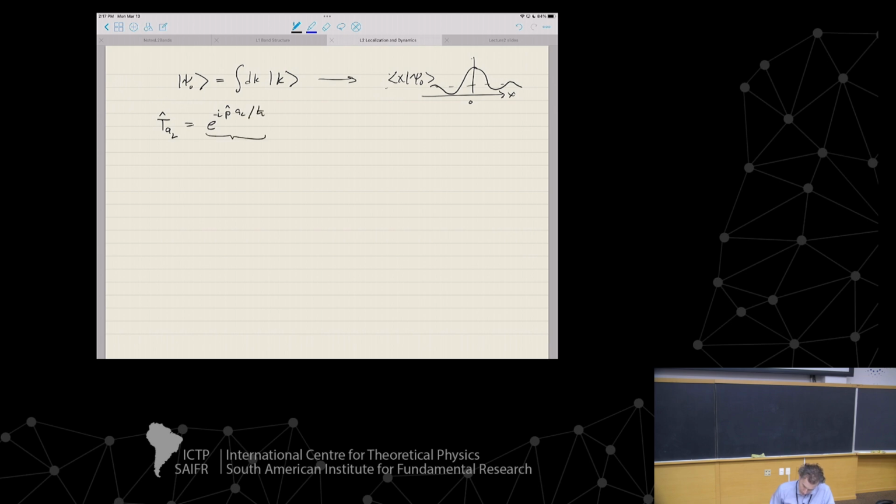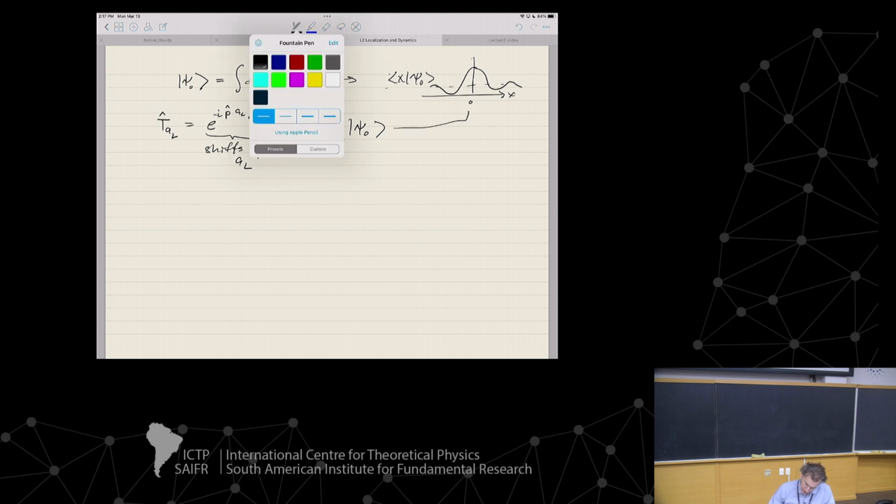This is the generator of translations, and we talked about that last lecture. So this shifts something by AL. If I now apply that to this wave function, I know what it's going to do is give me a wave function which is instead peaked one site over, at AL.